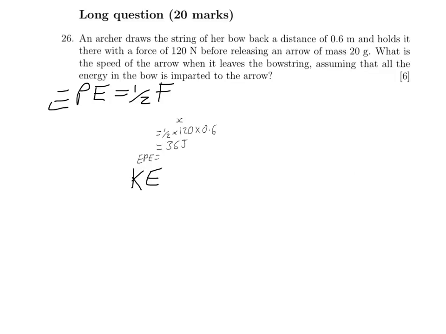So we're going to rearrange our equation for kinetic energy, half mv squared, to make v the subject. So that's the square root of 2 times the kinetic energy divided by the mass.